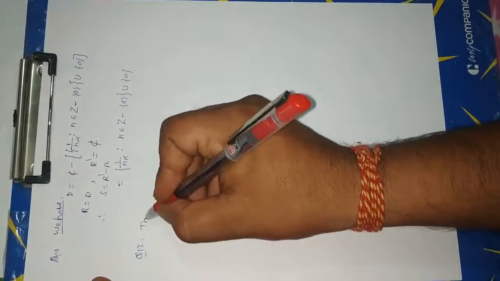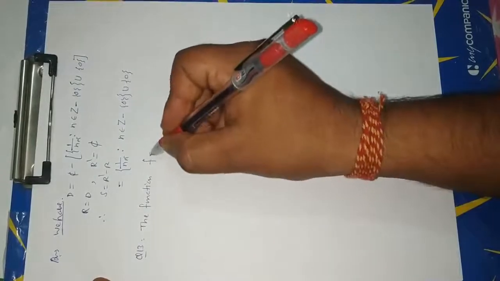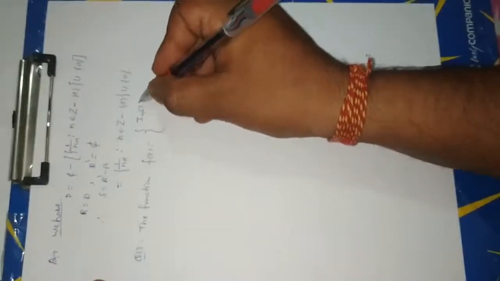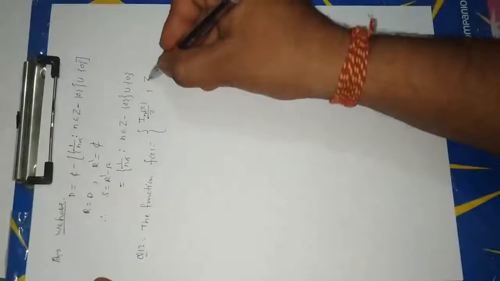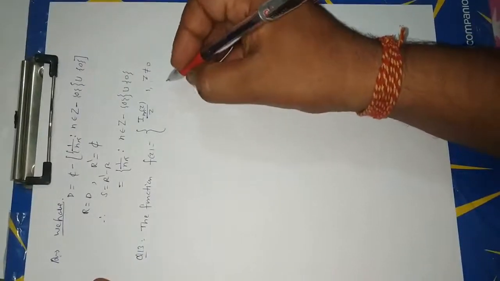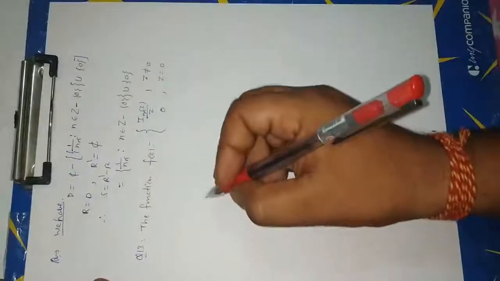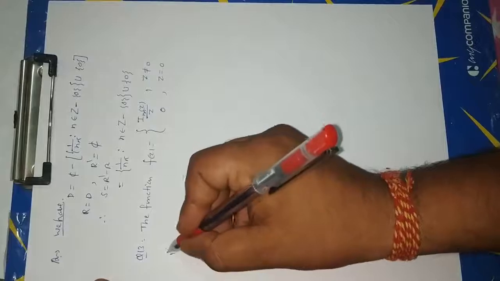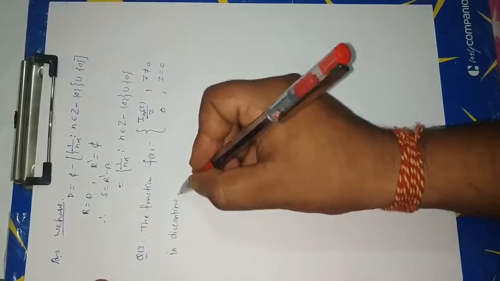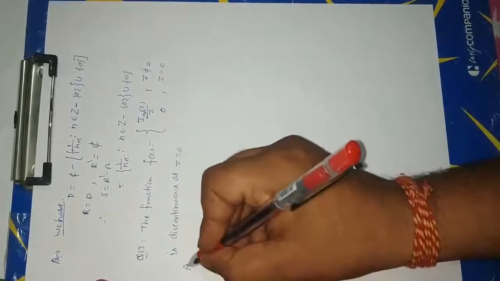The function f z equals imaginary part of z upon modulus z, for z not equal to 0, and the value of f z equals 0 when z is equal to 0. Is it discontinuous at z equal to 0?